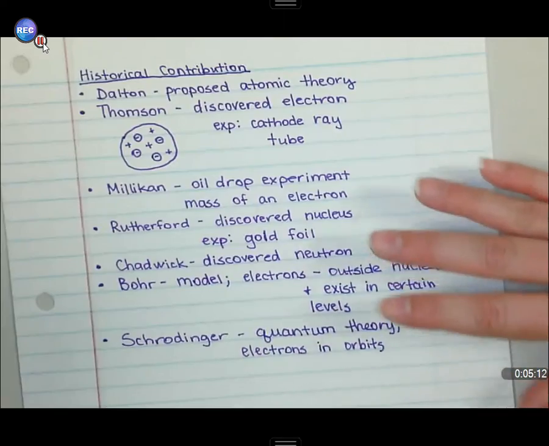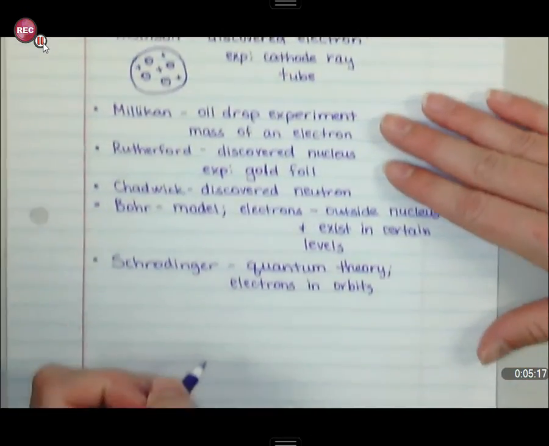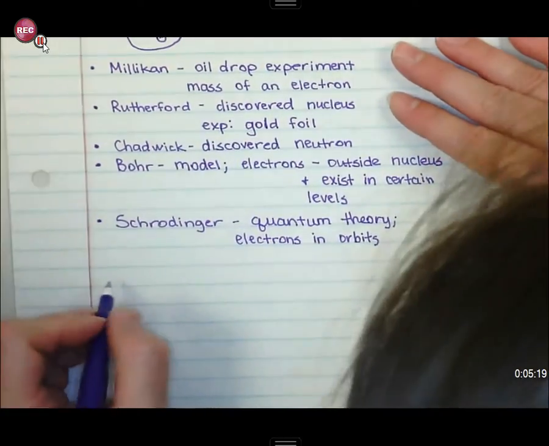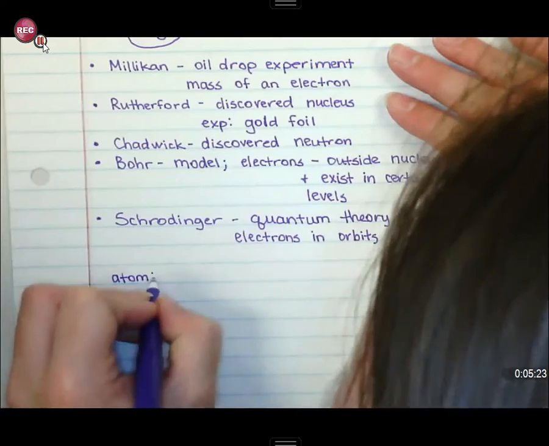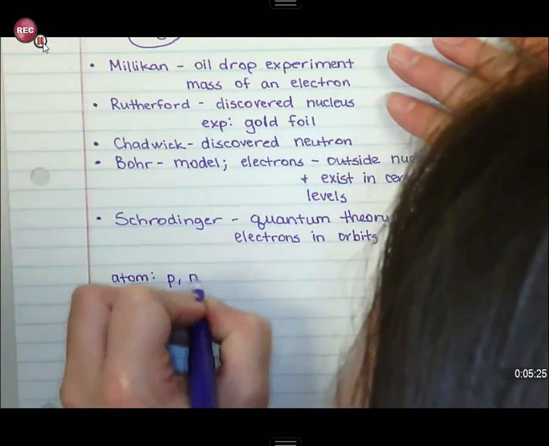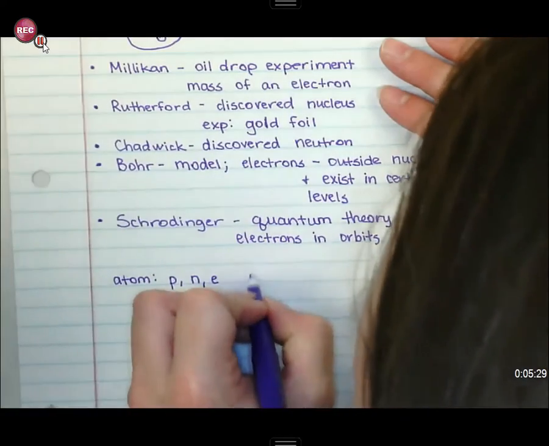Okay, now, once we get past the historical contribution, what we've been talking about is the atom in general. We have our protons, neutrons, and electrons. You have your nucleus.